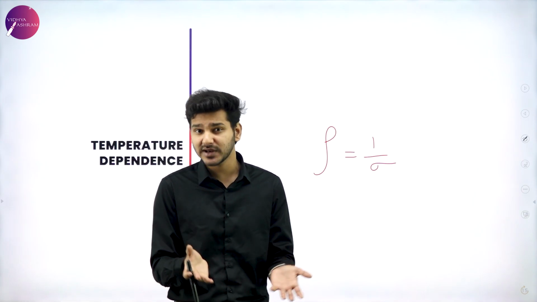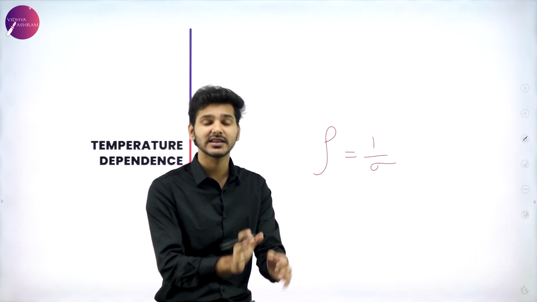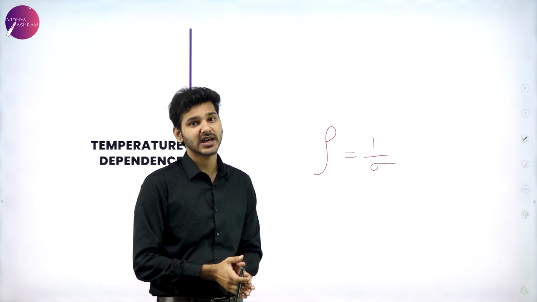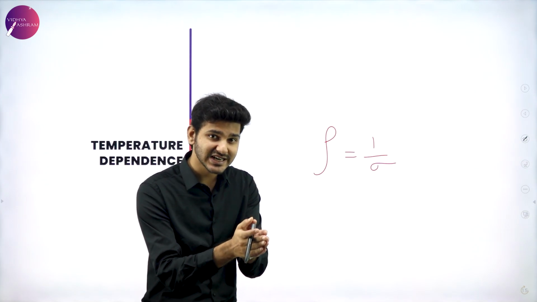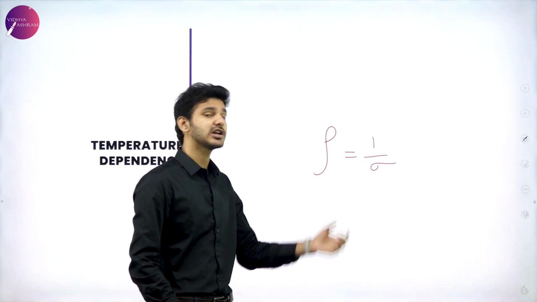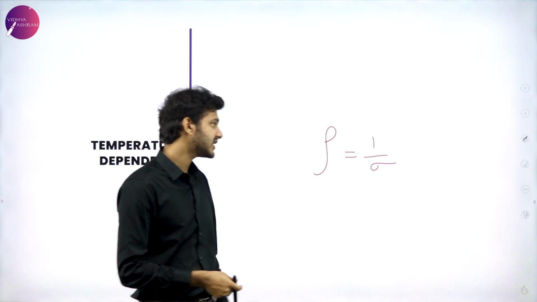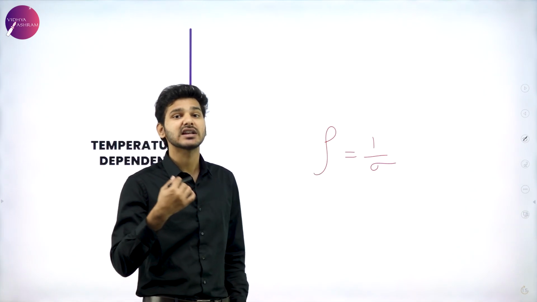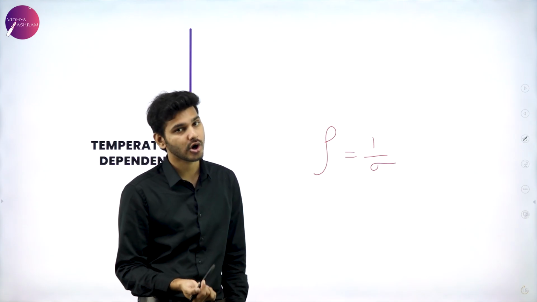Resistivity can easily be explained as the ability of a material to resist the electric current flowing through it. If some electric current is trying to flow through a circuit, and that material has the ability to resist that flow, then we can say that the material has a high resistivity. Or we can just say that resistivity is nothing but resistance per unit length, R by L equal to rho.